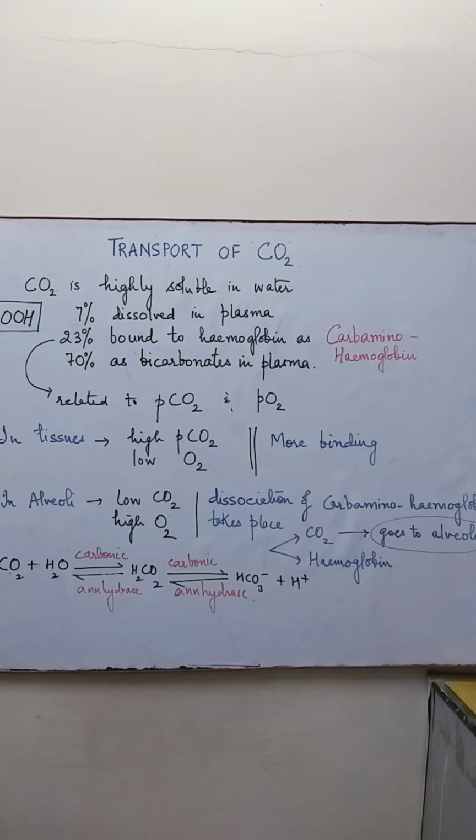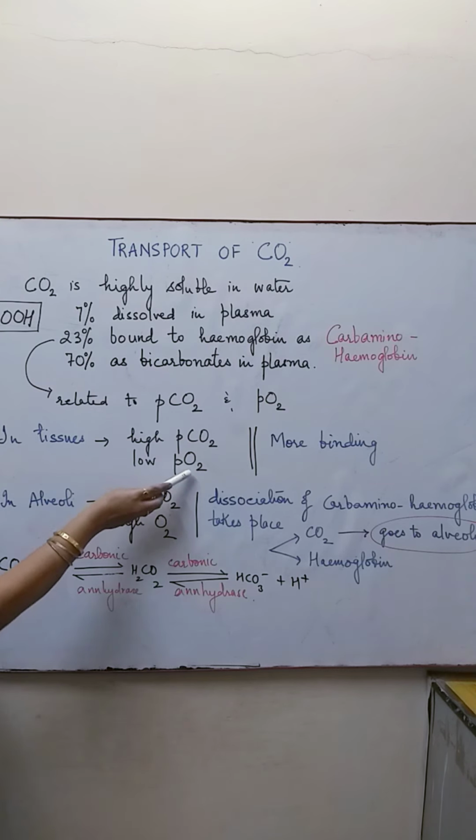In the tissues, due to catabolic activities, the concentration or the partial pressure of carbon dioxide is high as compared to the partial pressure of oxygen, and as a result, more carbon dioxide molecules are available for binding, and they will bind more easily with the hemoglobin.